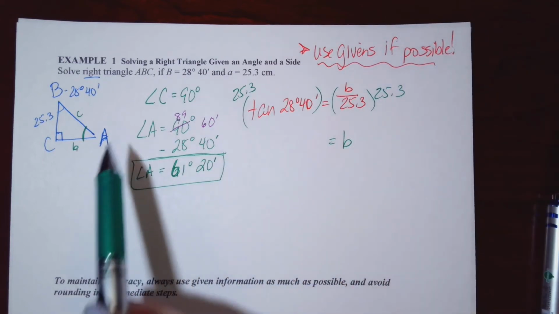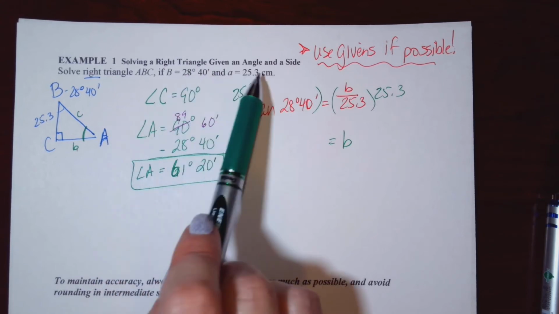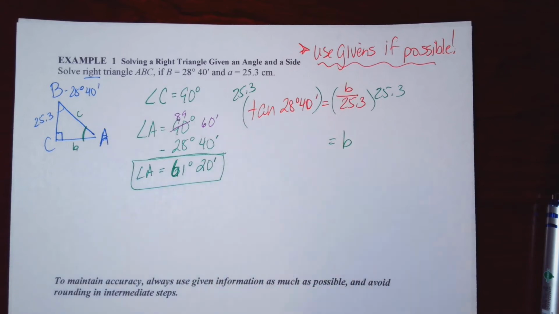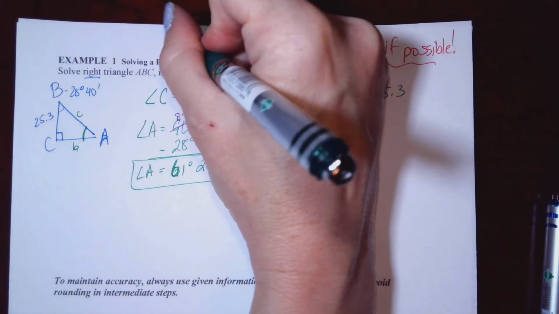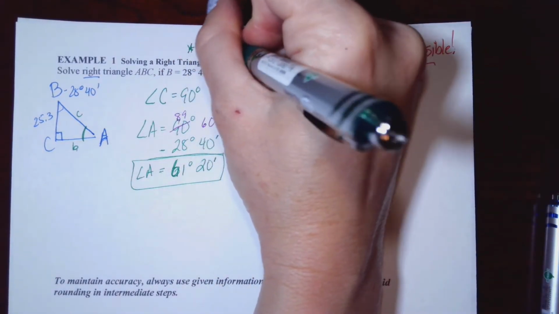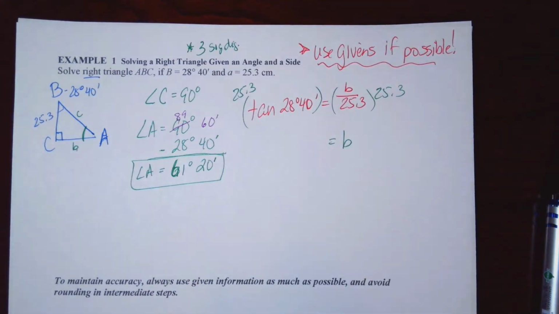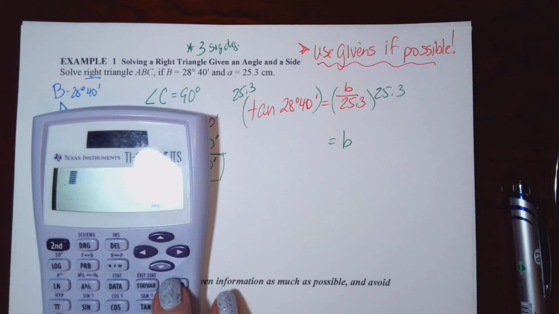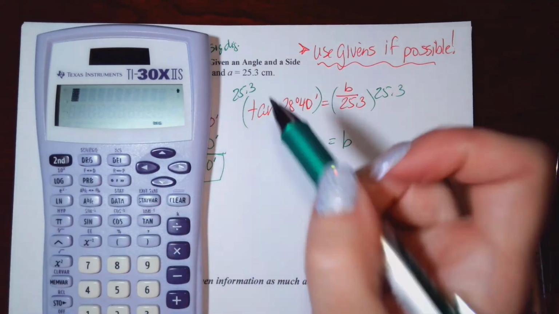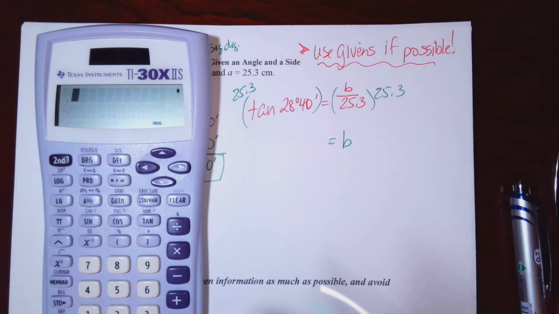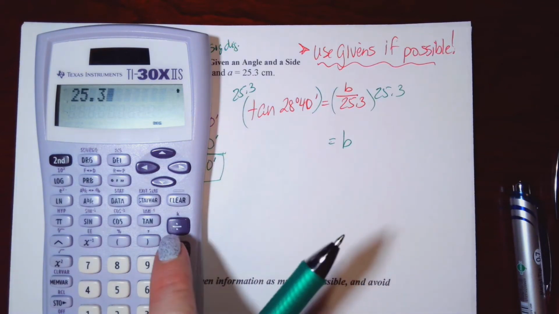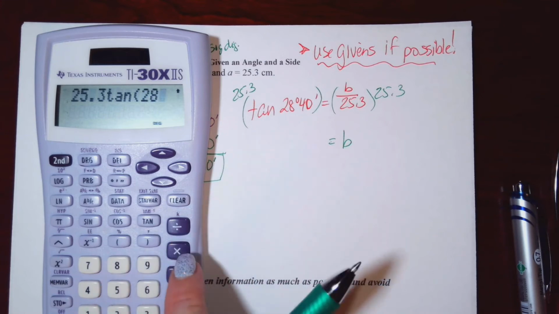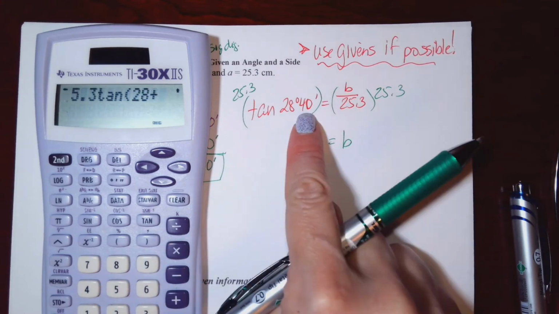Now, in my measurements that I was given, I have 3 significant digits, so 3 significant digits are what I'm going to keep for my answer. And in my calculator, make sure I'm in degree mode because that's what my angle is. I'm going to do 25.3 times the tangent of 28 degrees and 40 minutes.